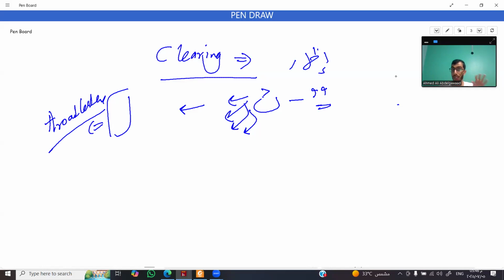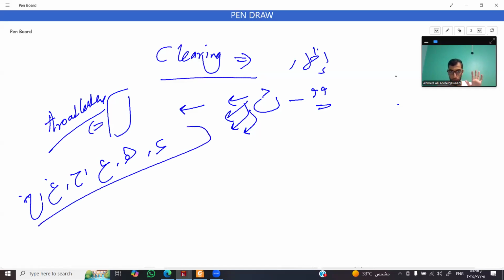They are Hamza, Ha, Ain, Ha, Ghain, Kha. They are called throat letters because you pronounce them from your throat. So the throat letters are Hamza, Ha, Ain, Ha, Ghain, Kha. Now I'm gonna explain the rule.